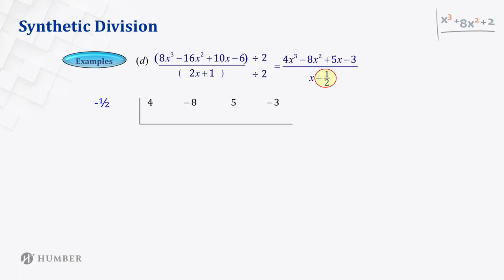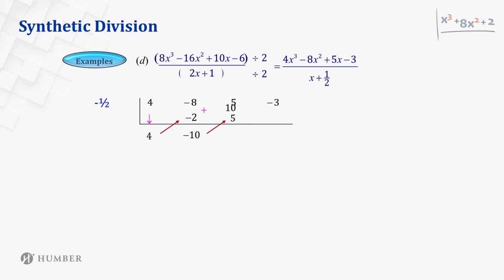Then start by bringing down the leading coefficient of 4. Then we multiply 4 by -half to get -2, and write this in the next column. We add -8 and -2 and write -10. Again, we multiply -10 by -half to get 5. Write 5 in the next column diagonally.